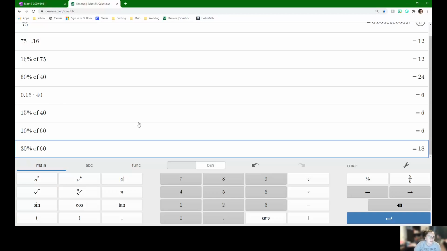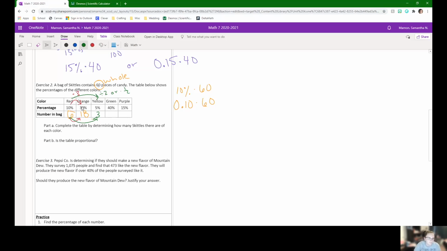If we check it on Desmos and we want to see 5% of 60, we do get 3. So this is going to work the whole way down. So 40%, I can use the 10 and multiply by 4, and the 6 and multiply by 4, or you can even add 10 and 30 is 40, 6 and 18 is 24.